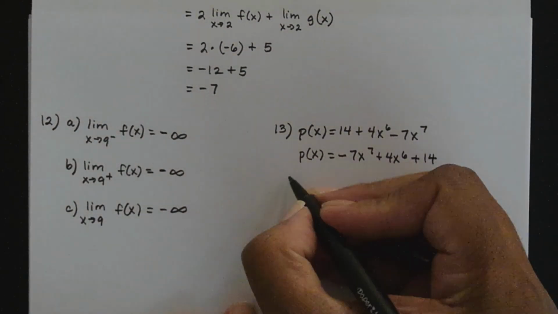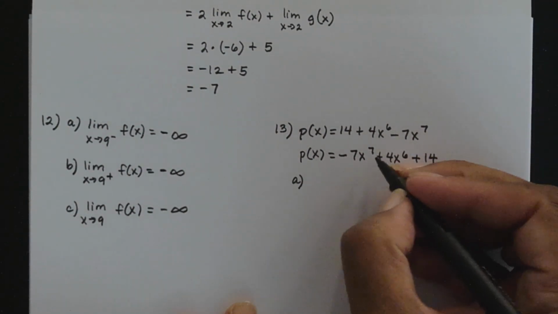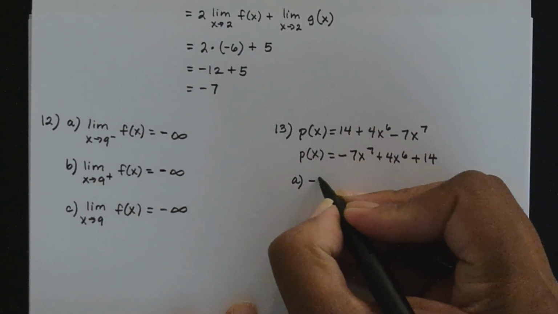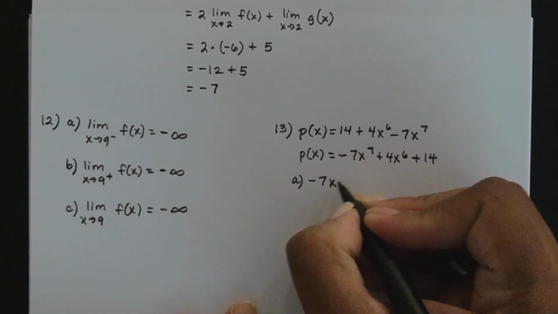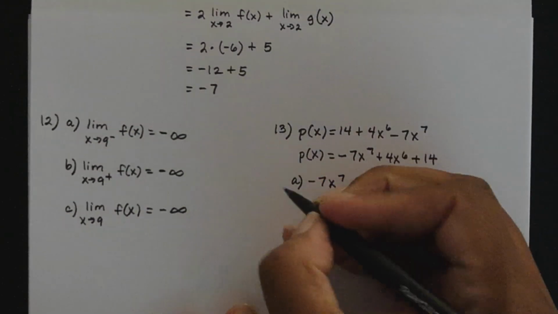So now from that we can find out what that leading term is. So what would be the leading term in this case? Negative 7x to the 7th. Okay. That's the leading term in that polynomial.